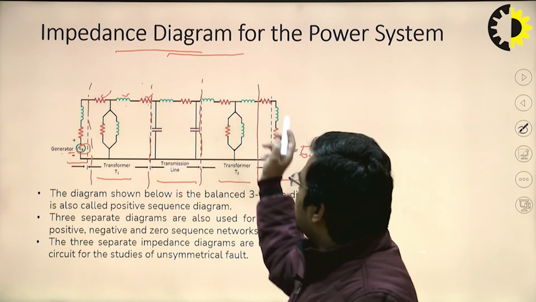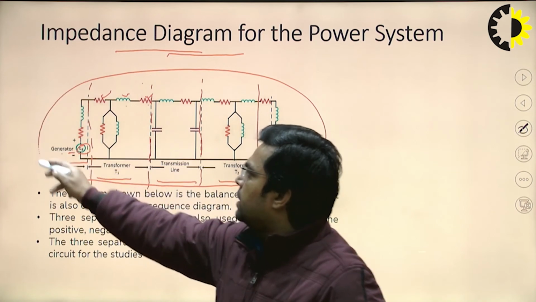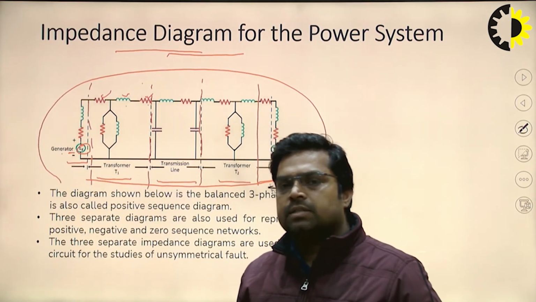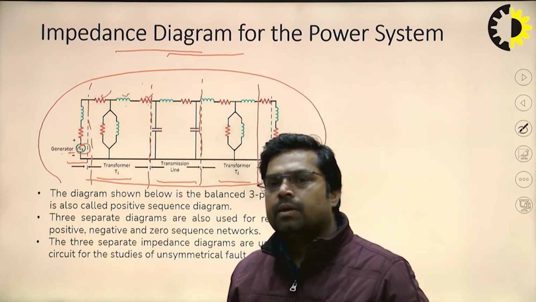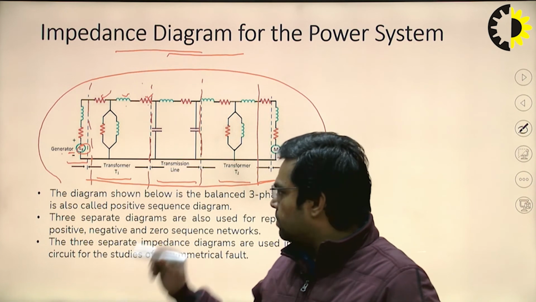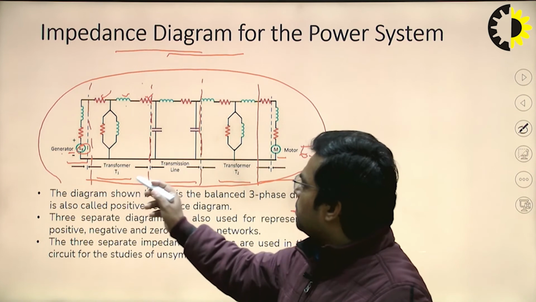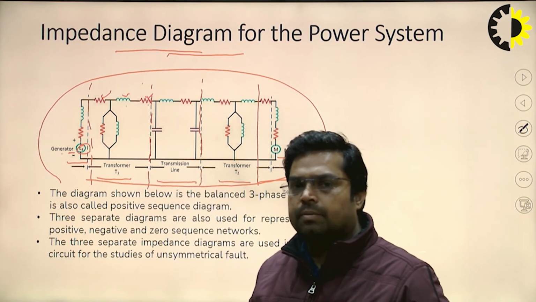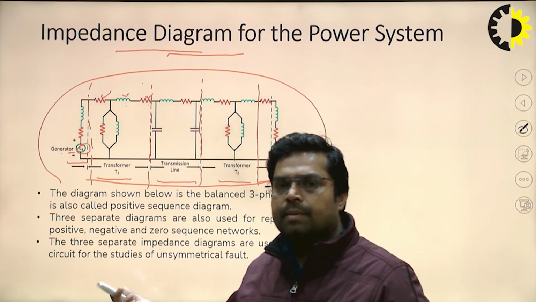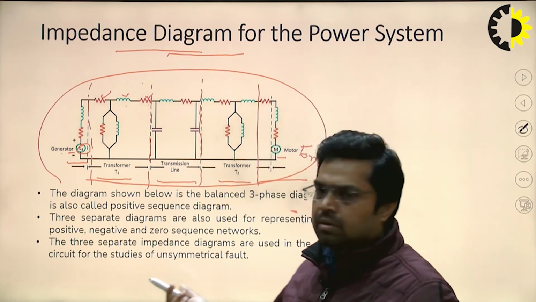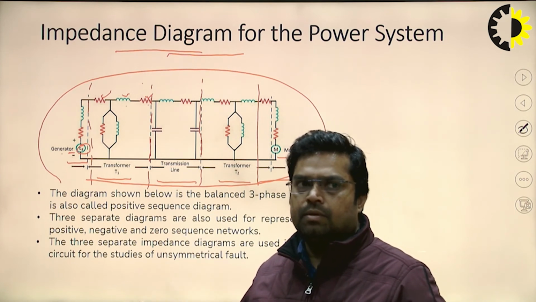If we take the single line diagram for balanced conditions, we only represent a positive sequence network. So this is the positive sequence network of the impedance diagram. Similarly, we can draw a negative sequence diagram and a zero sequence diagram for any unsymmetrical fault analysis.